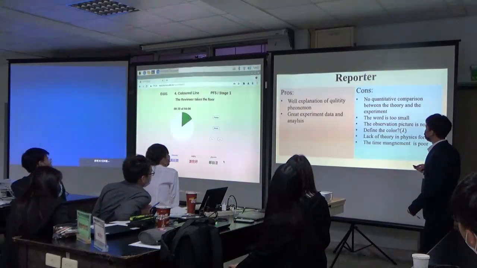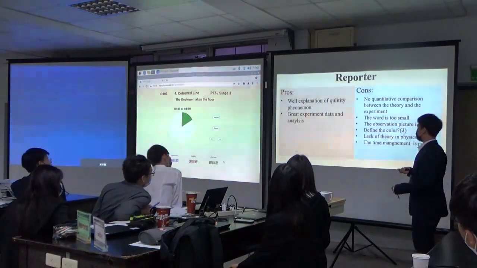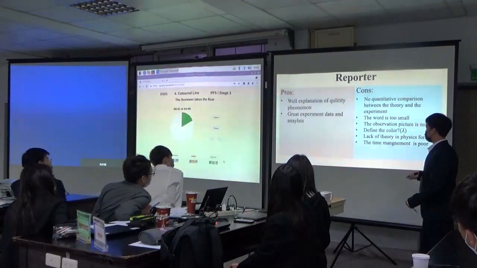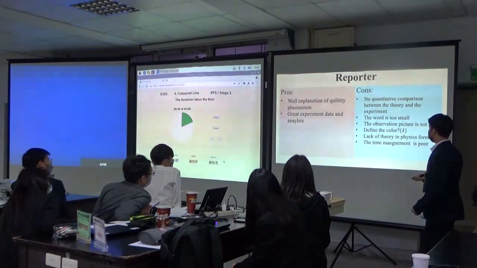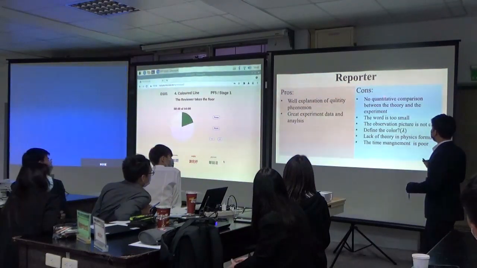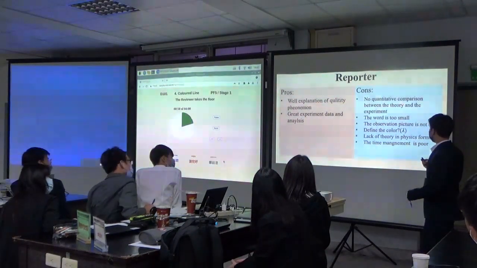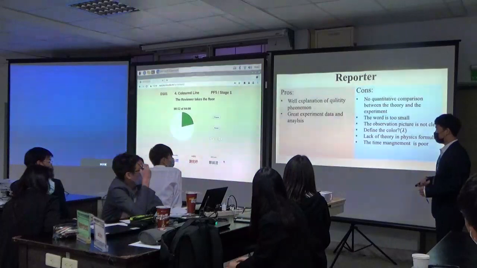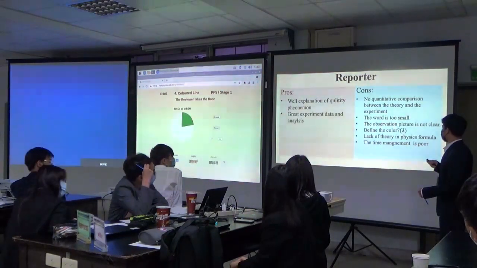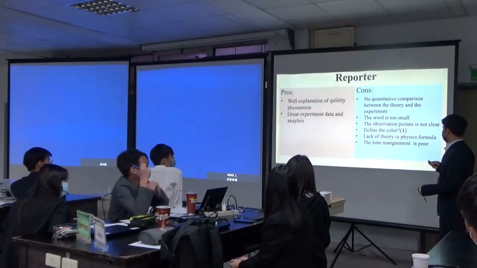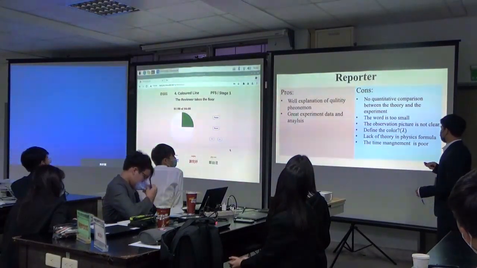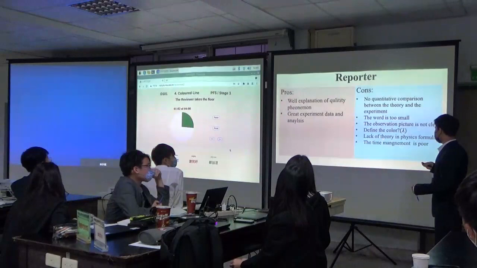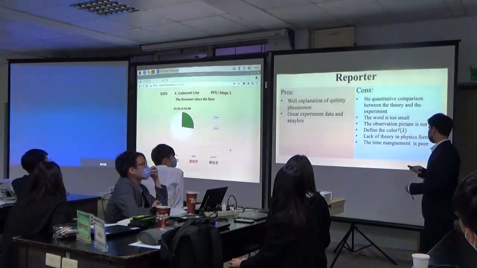The report gives a good explanation of the phenomena and great experiment data and analysis. But we don't have a quantitative comparison between theory and experiment, and the words are too small. The observation picture is not clear, and the colors are not defined. And it lacks a theory in this formula.